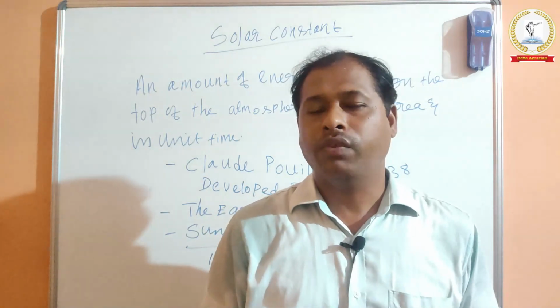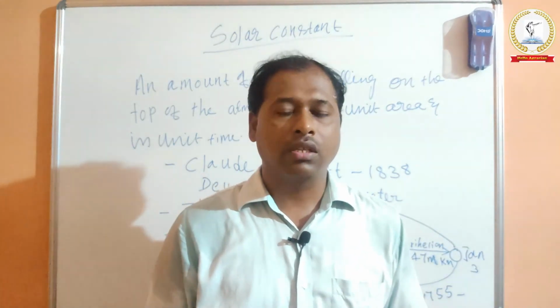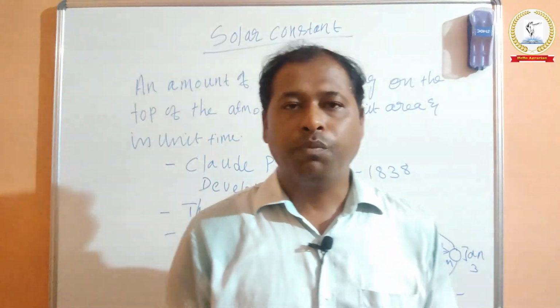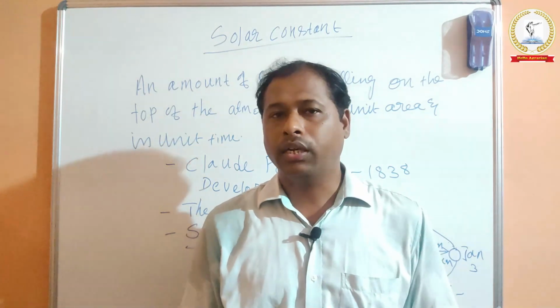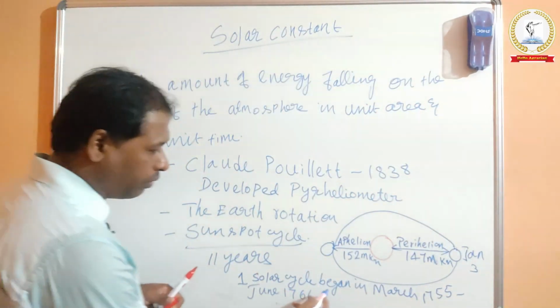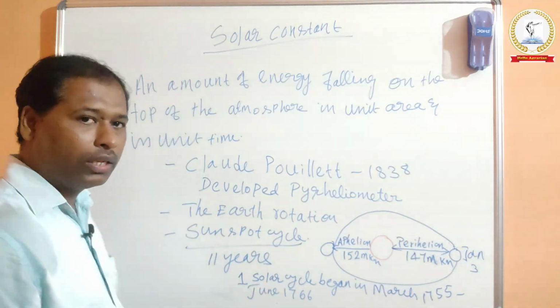You see, our sun is a huge ball of electrically charged gas. So when this charged gas moves, it produces a more powerful magnetic field. So the first solar cycle began in March 1755 and ended in June 1766.